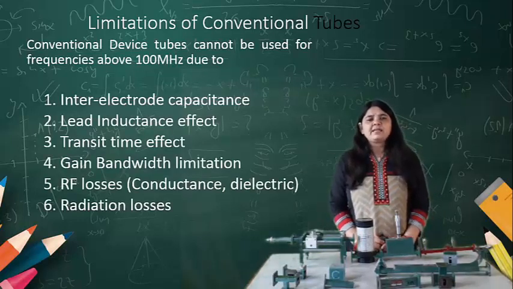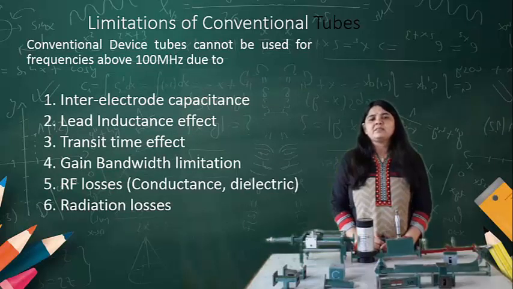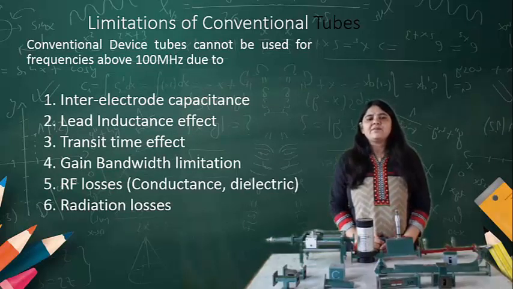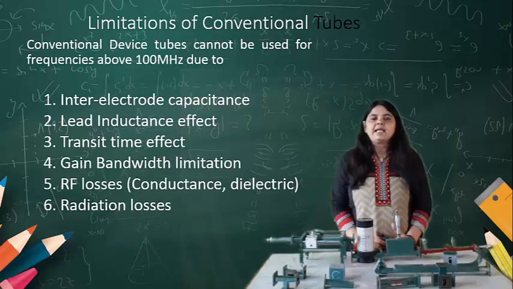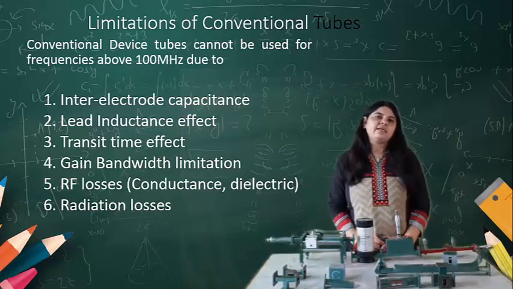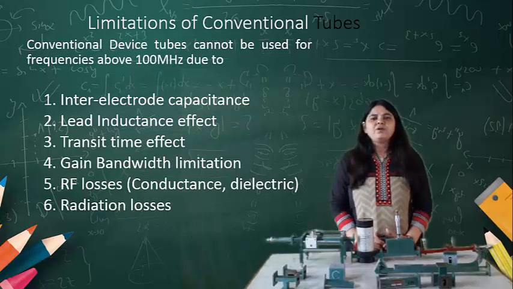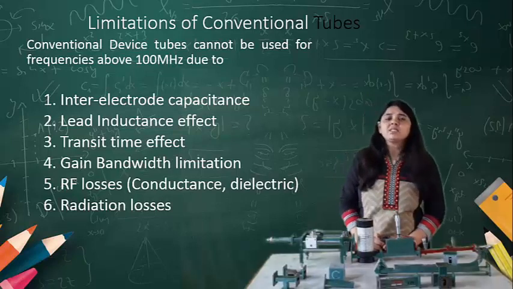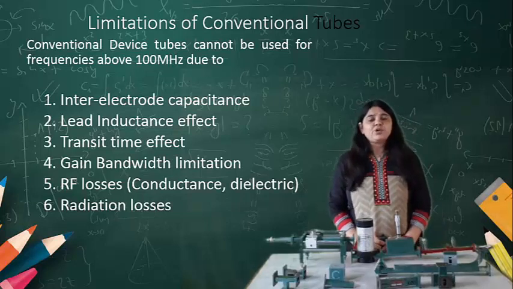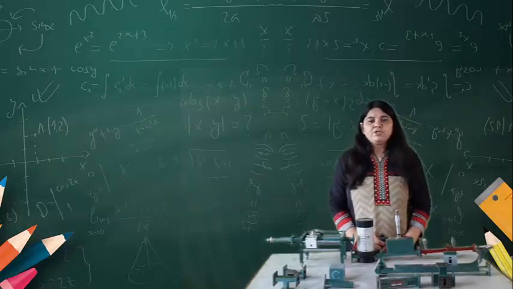The effects are the inter-electrode capacitance, lead inductance effect, transit time effect, gain bandwidth limitation, and RF losses: conductance loss, dielectric loss as well as radiation loss, that are there at the microwave frequency. Due to all these reasons, the microwave tubes are used.